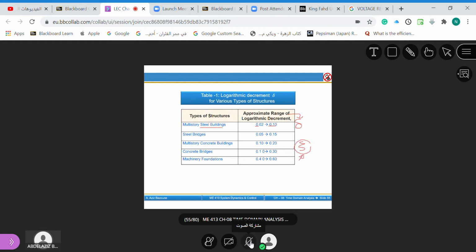This is the damping ratio, and this one is the logarithmic decrement. So steel bridges between 0.05 to 0.15, multi-story concrete buildings between 0.1 and 0.2, concrete bridges between 0.1 and 0.3, machinery foundations between 0.4 and 0.6.